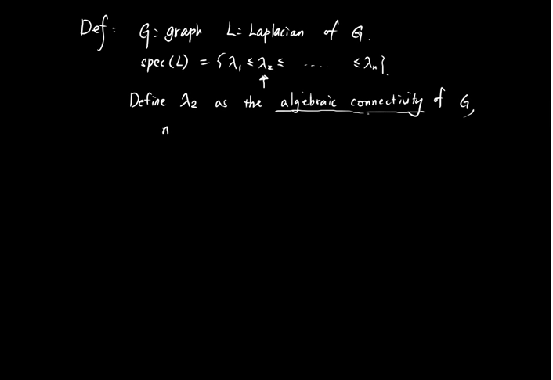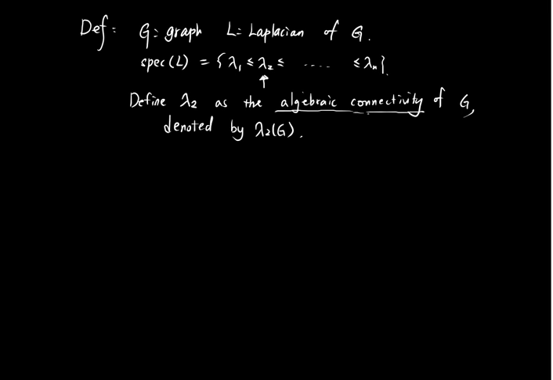And just for convenience, we will denote it by lambda 2 of G. Okay, so the definition is easy enough. It is just calculating the eigenvalues and then taking the second smallest one, and we call that the algebraic connectivity.